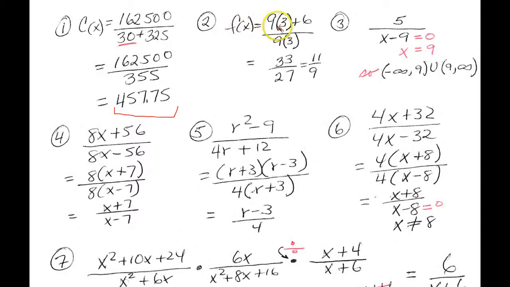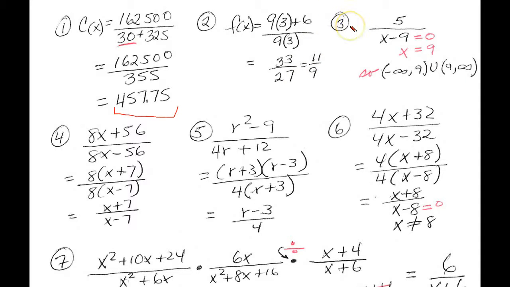And here again, we just had to substitute a 3 for the x in function notation. This is 27 plus 6 is 33 over 3 times 9, 27, and it simplifies to this.